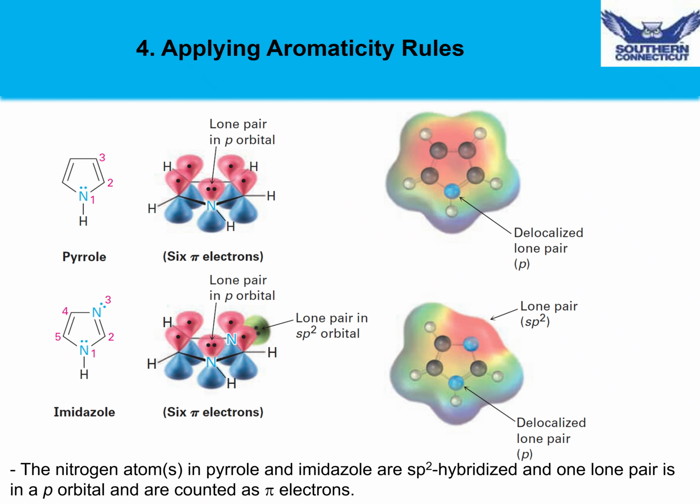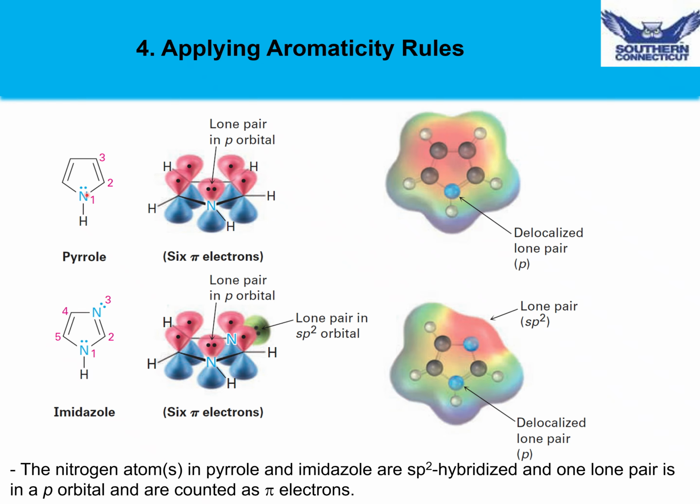Let's take a look now at a few examples of 5-member rings and how the aromaticity rules apply to them. First example would be pyrrole, which is this 5-member ring with 4 carbons and a nitrogen. Each carbon contains a double bond, and so there is a p orbital, as you can see by this diagram here. There's a p orbital at every one of these carbons with a single electron, which allows those double bonds to form.